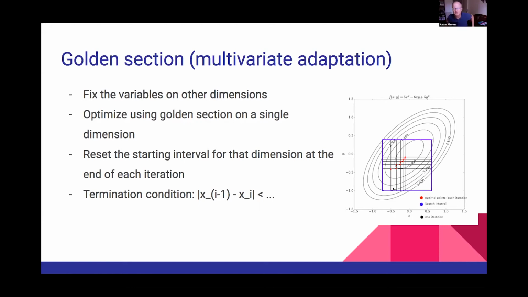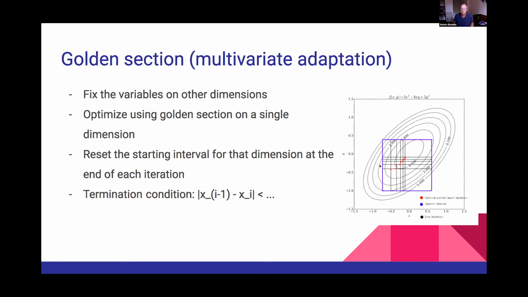No, not quite. Could you say again? Suppose we optimized X first, and we found some point which is considered optimal. Then what? Okay, so we've got this interval for both dimensions. We first optimize over this one dimension and we find this red dot, which is the optimal point.